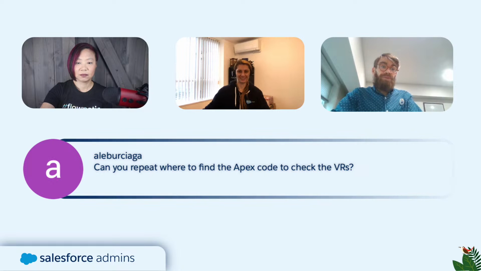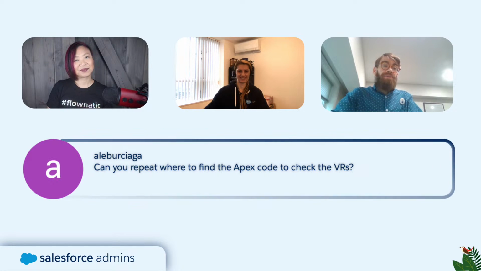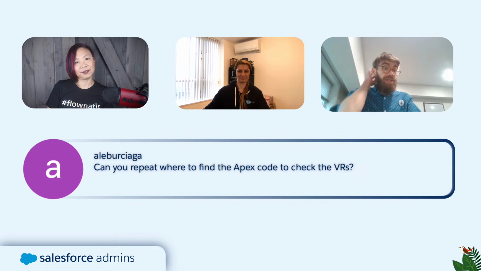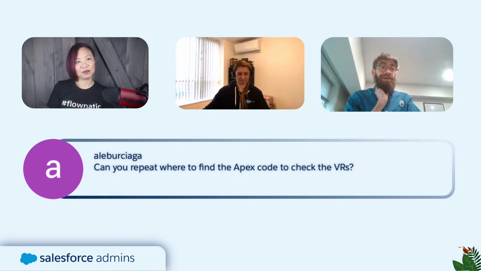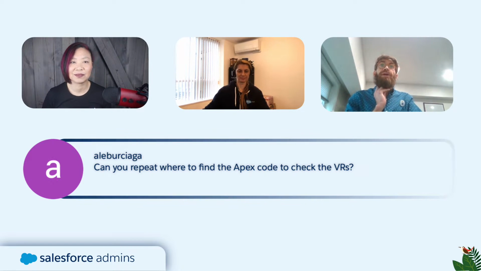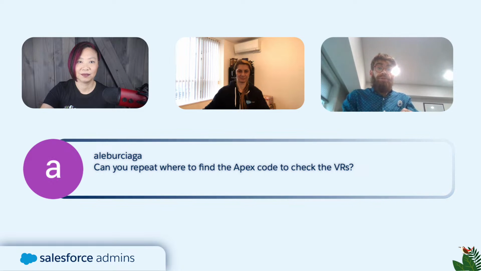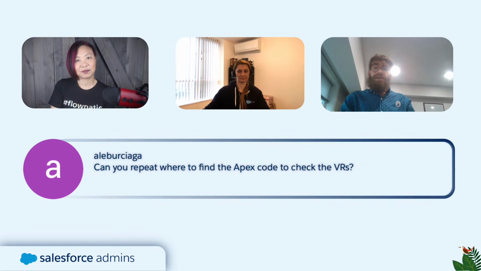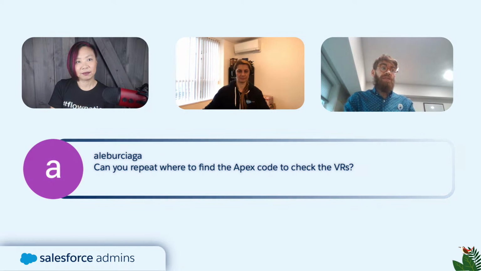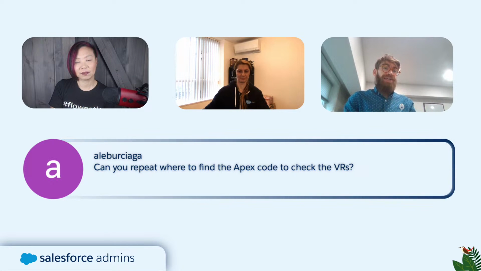Dirk, what about you? I would say Trailblazer community groups are really my bread and butter. I'm very involved in the DC admin group and the DC nonprofit group. I feel like you learn who has very specialized experience.